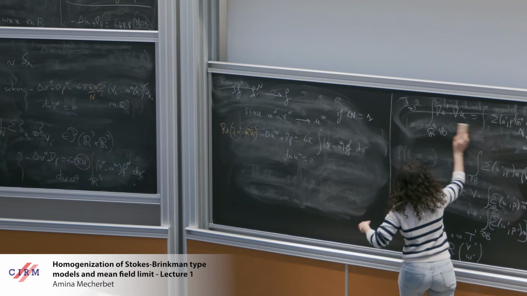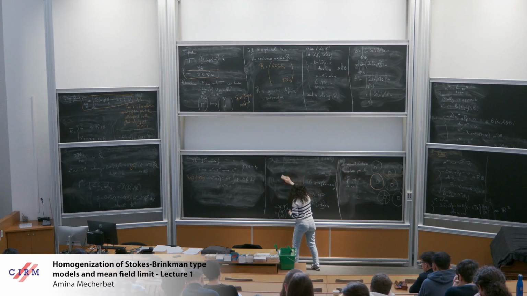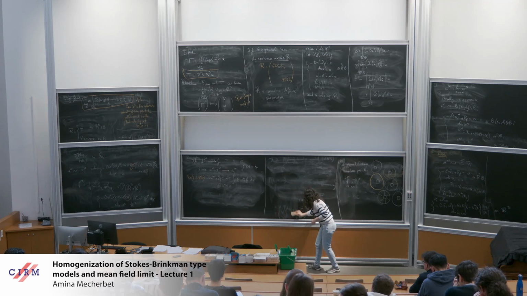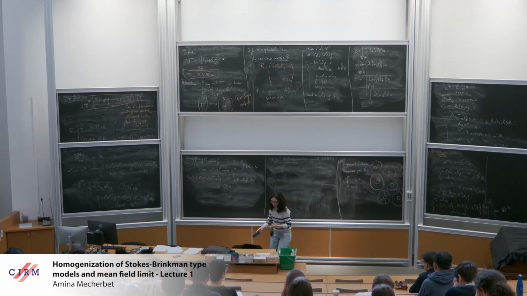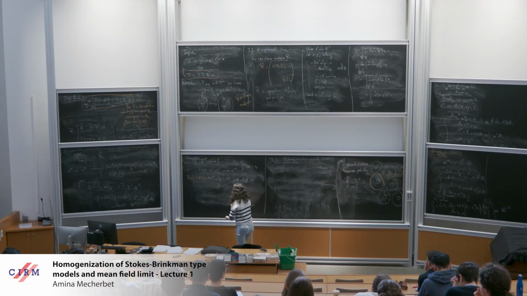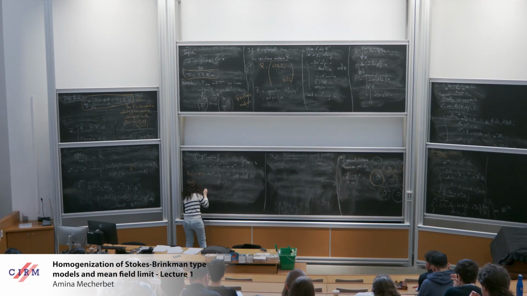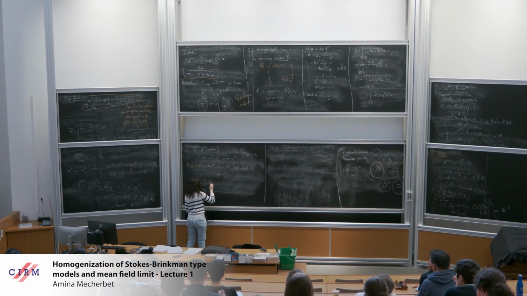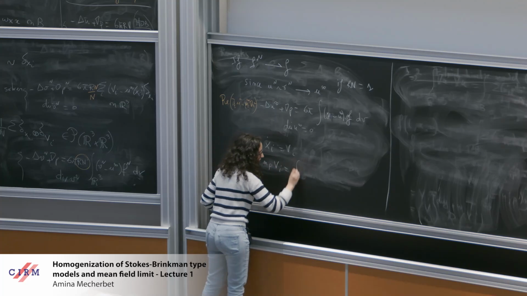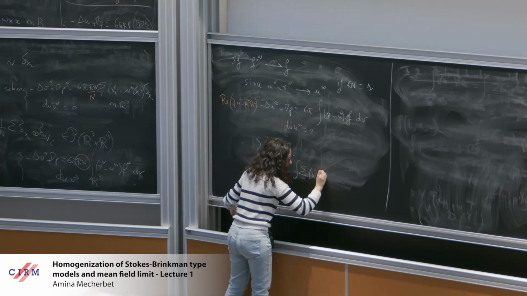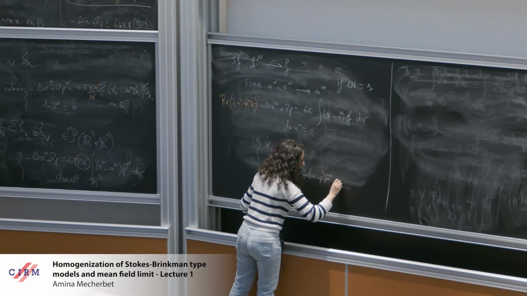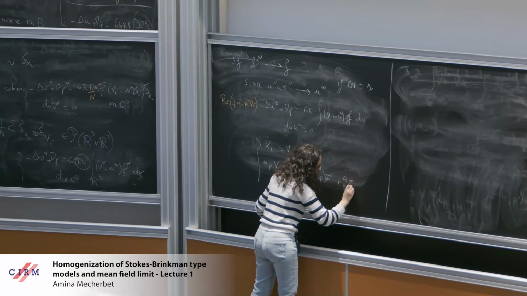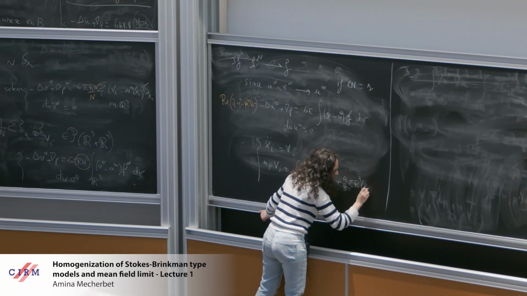So for the moment, we are acting as if the positions and the velocities are fixed. But we need to tackle the dynamics. So I just recall here the system of ODEs, which was this, plus some gravitational force, for instance.